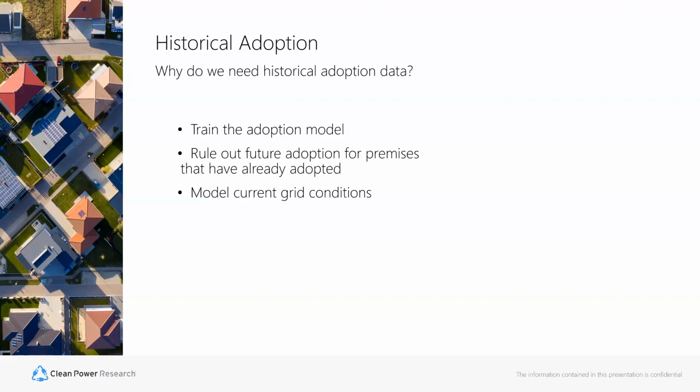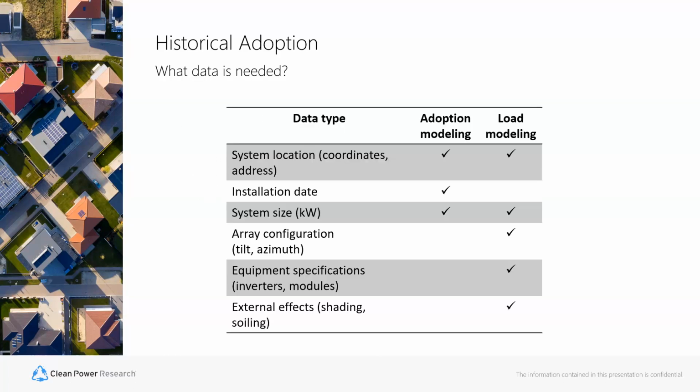We don't want to say this neighborhood that's already 30% solar owners will have another 60% of them. That doesn't make sense. So we use it to rule out those premises. And then we can also use the historical adoption data and the system sizes, et cetera, to model the current grid conditions. And I'll talk about that a little bit later.